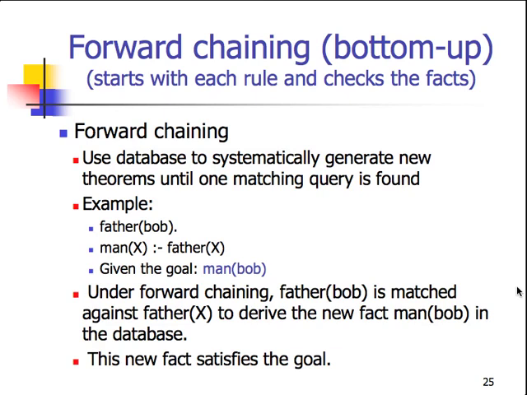We work forward from the goal to the information that we're looking for, from the bottom of the tree all the way up to the top. Think of it like a tree, if that makes any sense. So under forward chaining, father Bob is matched against father X to derive the new fact, man Bob. So in the database, the new fact satisfies the goal, and we've concluded and we found our answer.